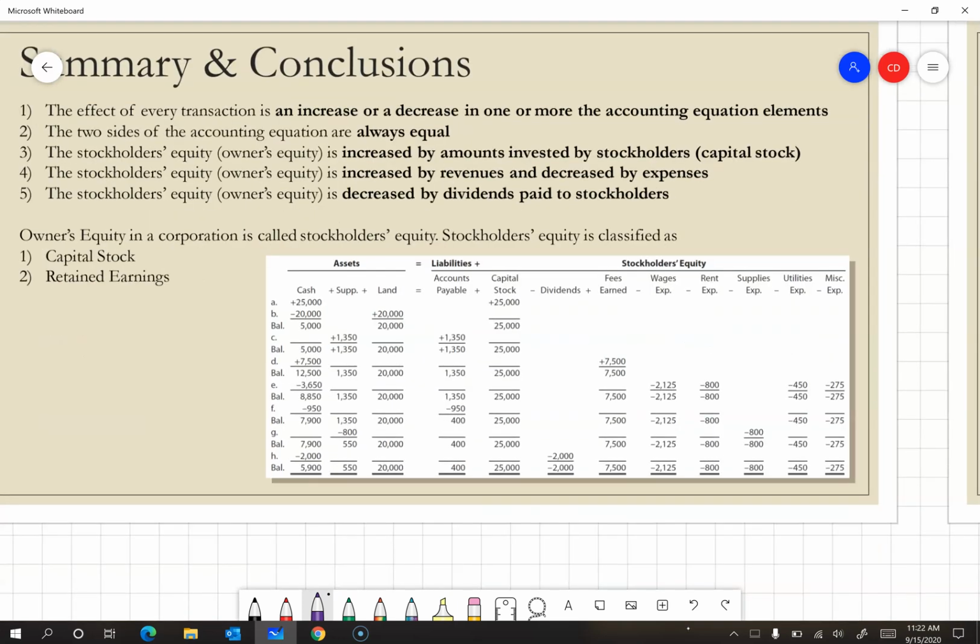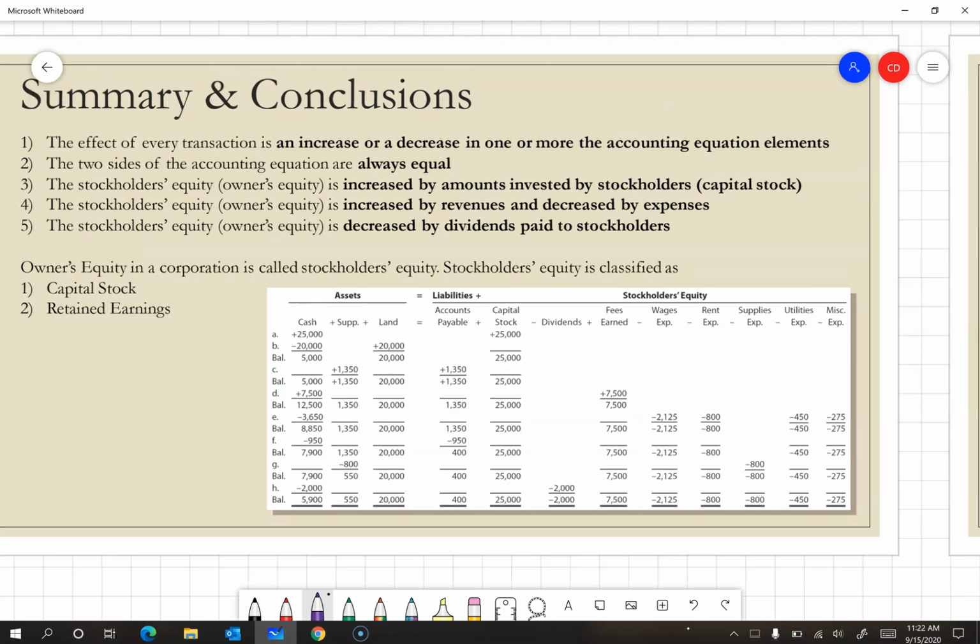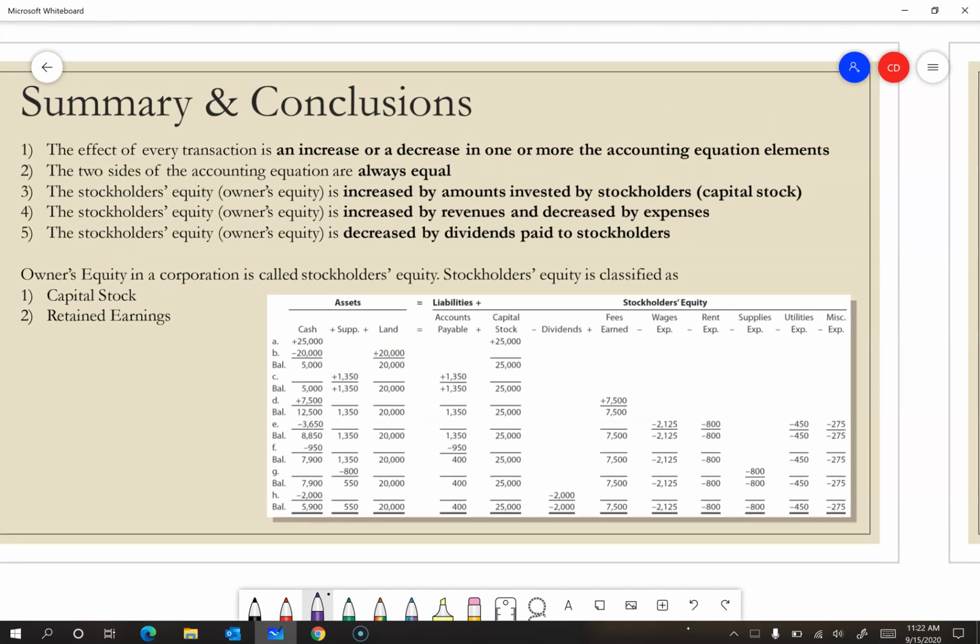Okay, so if we look at the sample here, I believe it was B. They're on the same side of the equation. One is a decrease, one is an increase. When they're on opposite sides of the equation, they're doing the same thing because they have to keep that equation in balance. Okay? So that brings us to the two sides are always equal. All right? This is important.